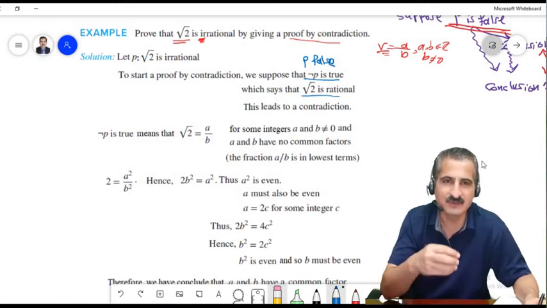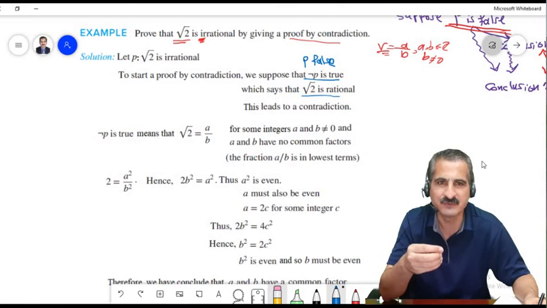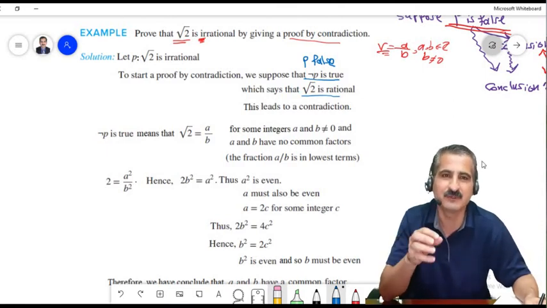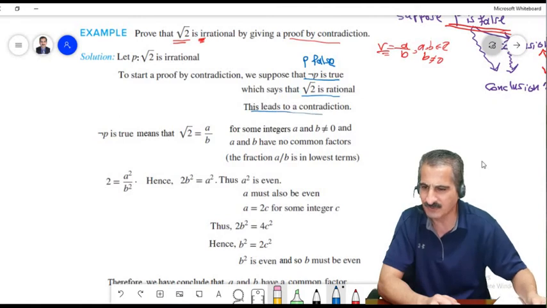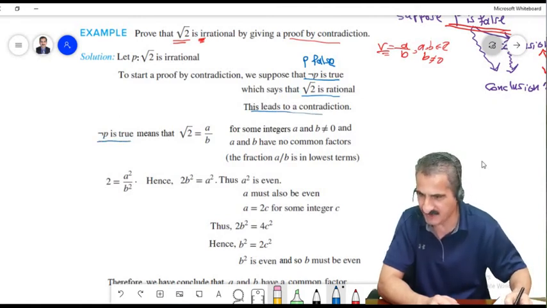The theorem asks us to prove that the square root of 2 is irrational, but we went the other way. We said, okay, assume it is rational, and let's see what happens. We will be led to a contradiction. Now, if we assume not P is happening, which means P is false, let me emphasize it, P is false.